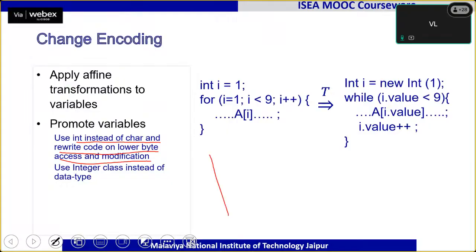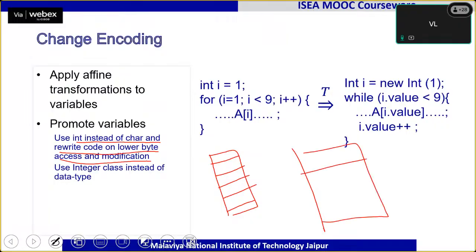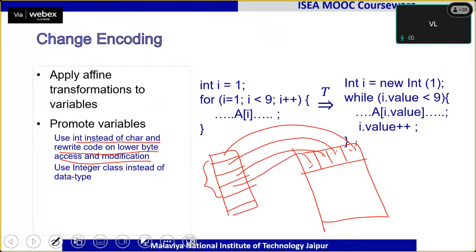For example, if it's an array of characters, I can represent it as an array of integers where I know that this character is stored in the lowermost byte of the first integer, this character is stored in the next byte, and so on. So all these 4 data become one new record of the new representation. Similarly, the next 4 bytes will be stored here, and the next 4 bytes here.